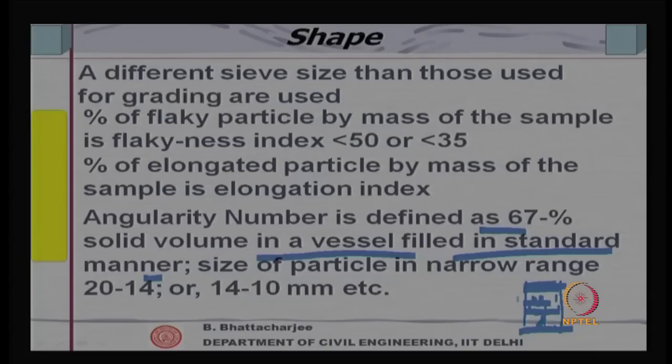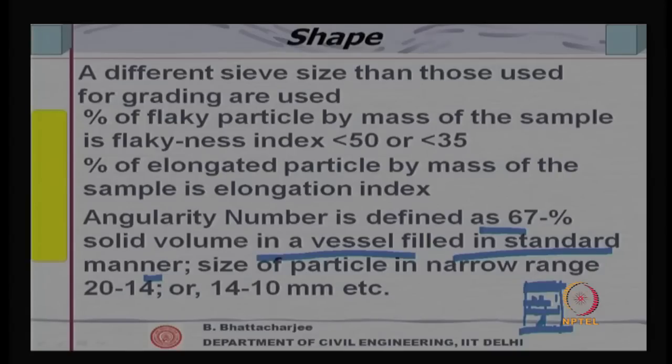Then you find out the solid volume in the vessel. Because you know the mass of the aggregate that has gone in, divided by the specific gravity of the aggregate, that will give you the solid volume.